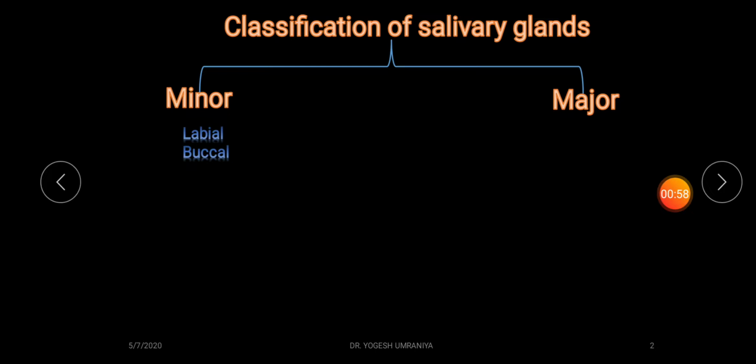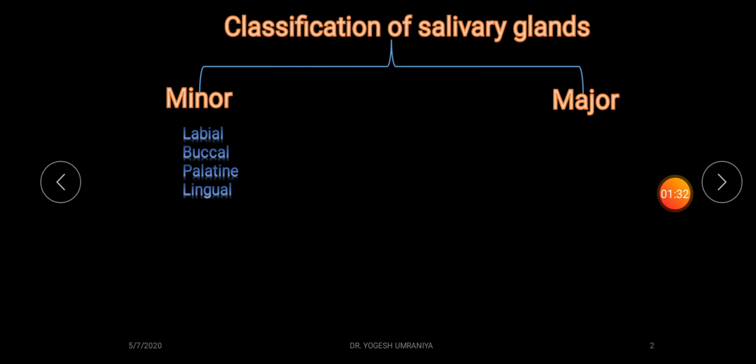Number two, the buccal glands, that are found in the cheek region, and number three, the palatine gland, that is found in the palate region. Number four is the lingual salivary glands, and that is situated within the substance of the tongue. So in the minor category you have four names: the labial, buccal, palatine as well as the lingual.